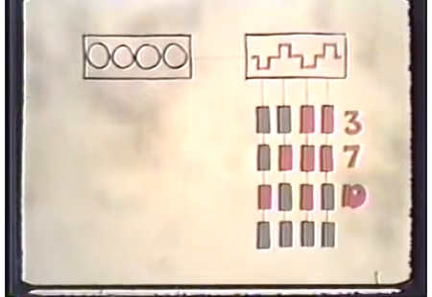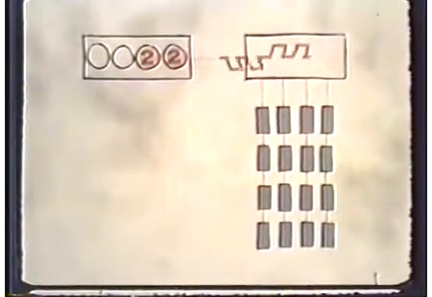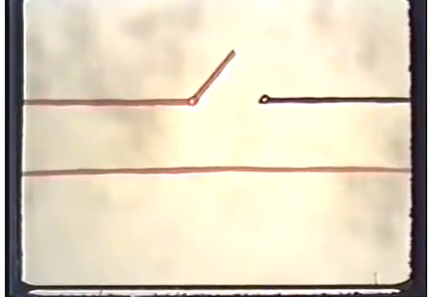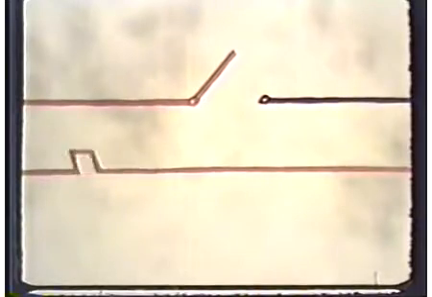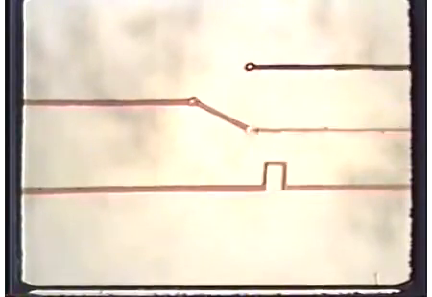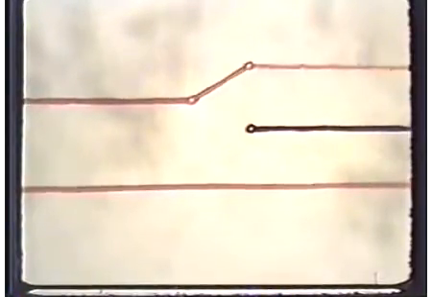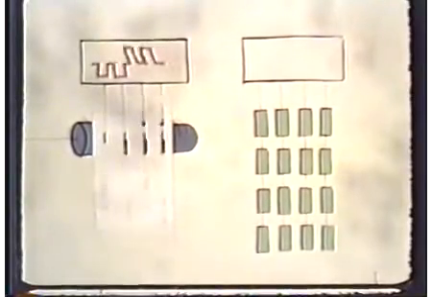These numbers can be later released and shown on a register. A pulse can operate a switch. In this way, instructions can be sent to different parts of the computer.